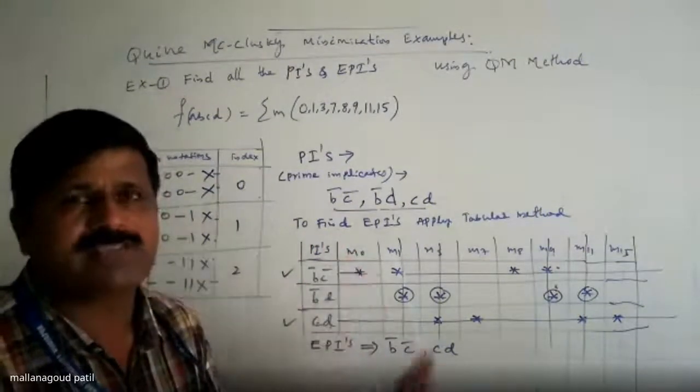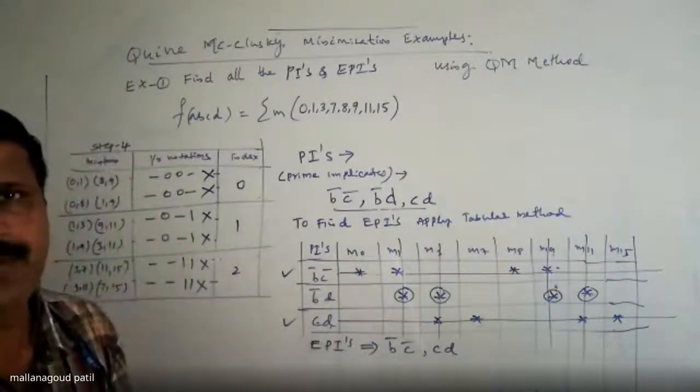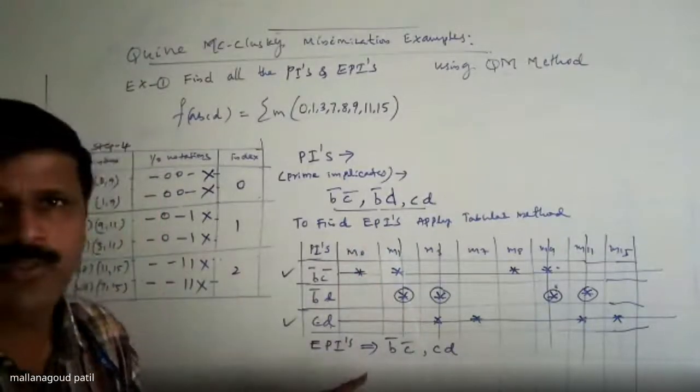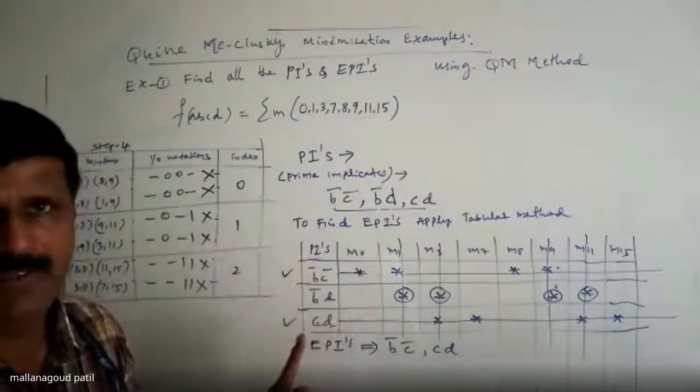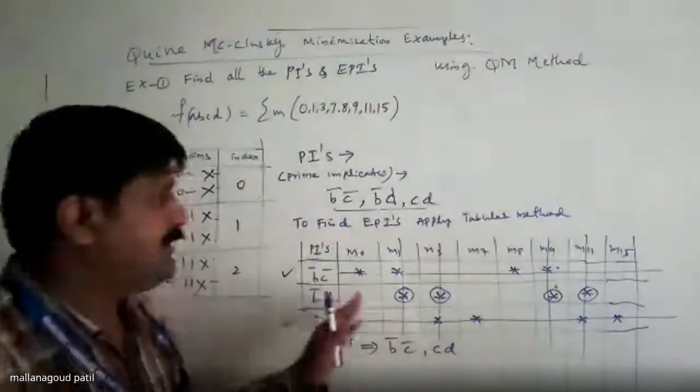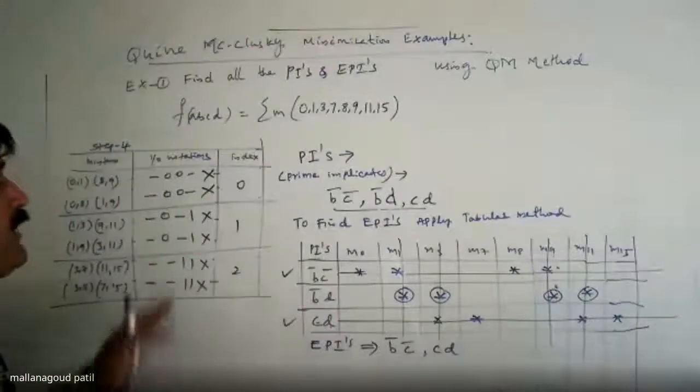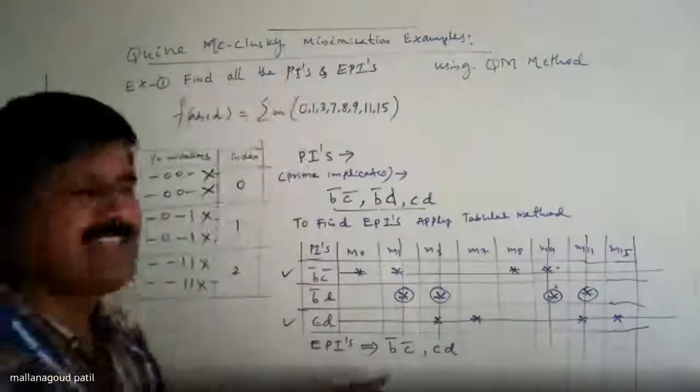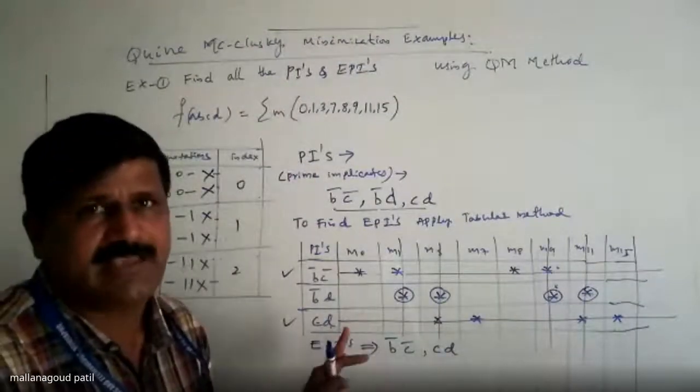Now, after finding the EPIs, what to do? You cross-compare this with the K-map. Before implementation, you have to compare with the K-map. This problem is not being extended, it is only for cross-checking.